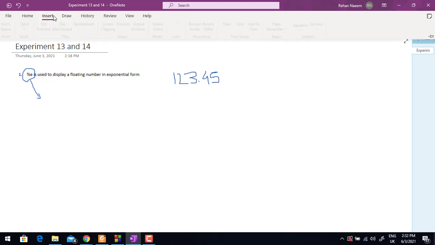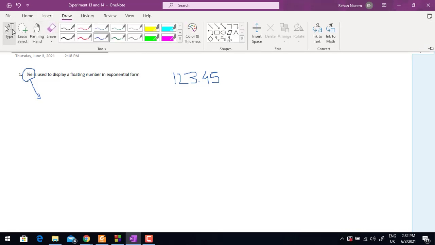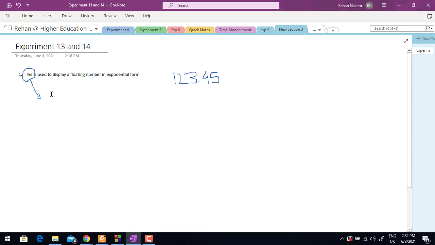If you write printf percentage E 123.45, what this percentage E will do is display 123.45 in exponential form.